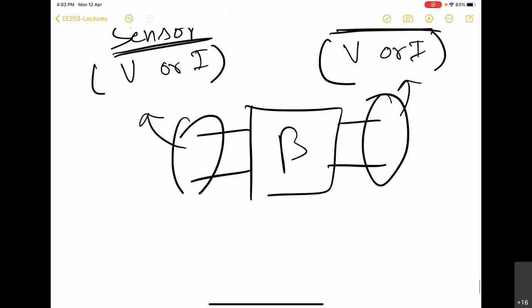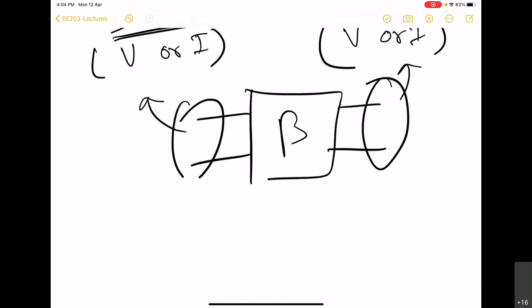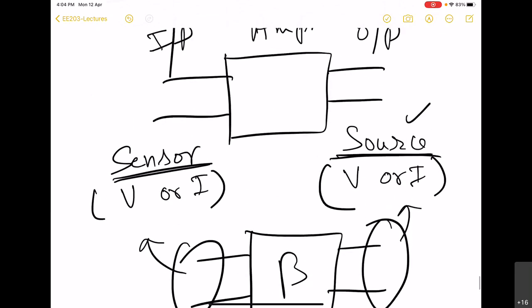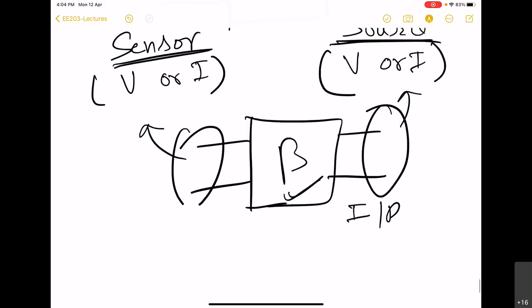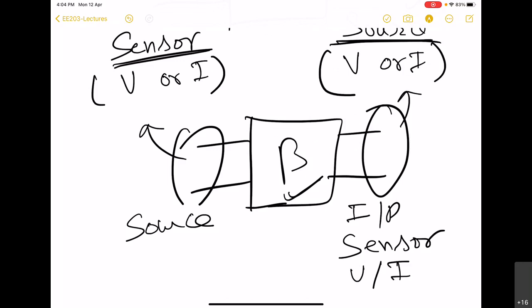So here keep in mind that this one is source, but since it has to be fed to the feedback network, the input of the feedback network then starts acting like a sensor, right? And this quantity then will be produced on the output side, and the output side of the feedback network will act like a source. So it will sense either voltage or current.